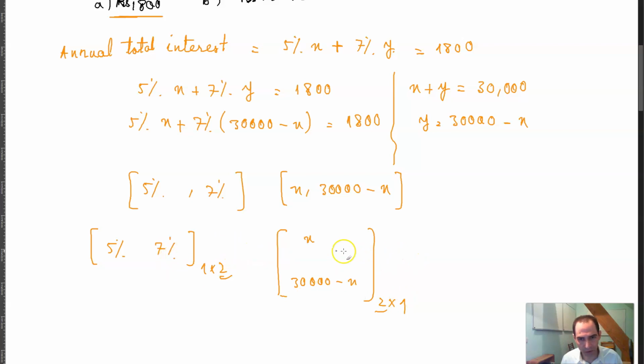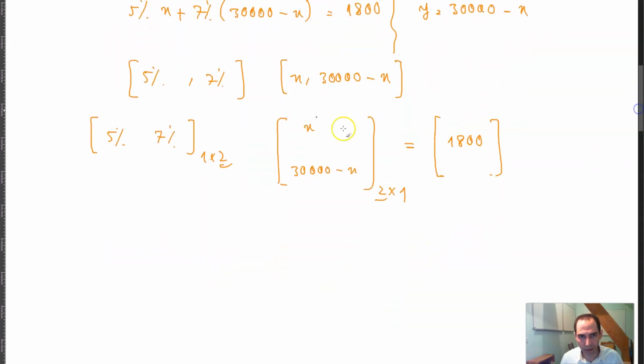So I multiply these two matrices together, and this has to be equal to 1800, which I just write as a 1 by 1 matrix. Of course you can see that when I multiply these two matrices together, that gives me a 1 by 1 matrix.